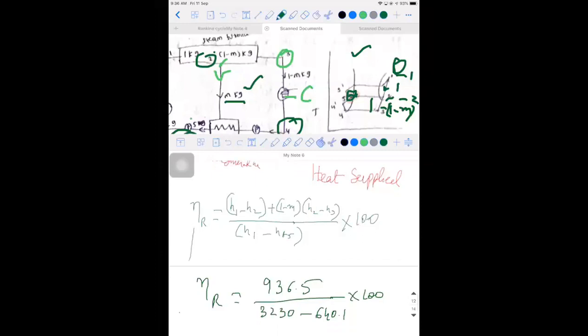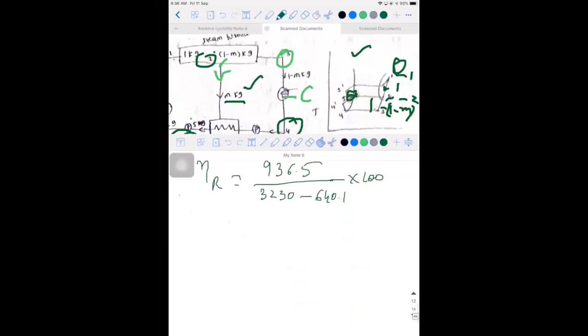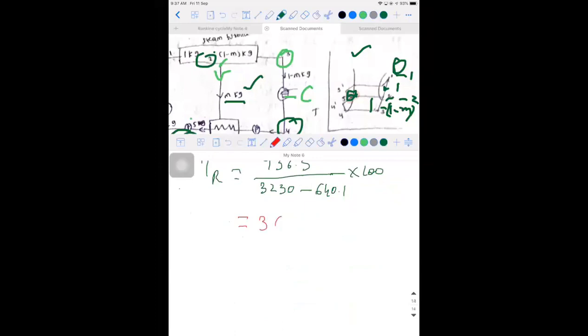Please get me the values, sir. Some people have got 36.1. Remaining people, if you get a different value, please correct yourself, sir.